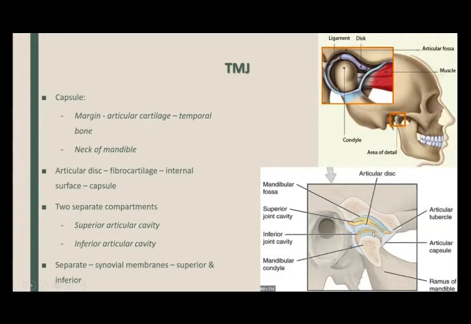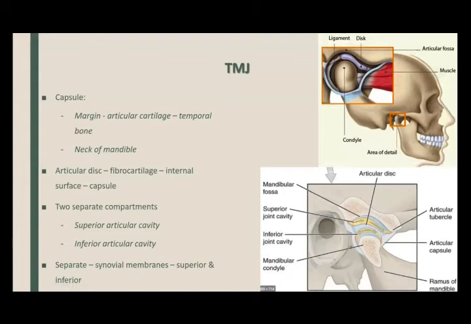This gap between the articular cartilage, the under surface, and the upper surface of the head of the mandible. इन दोनों के दरमियान, इन दोनों surfaces के दरमियान ये जो gap है, this is the inferior compartment. So दो compartments हो गए, एक superior compartment हो गया, this one, और एक inferior compartment हो गया, this one.